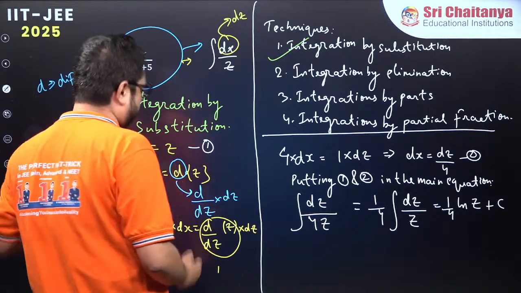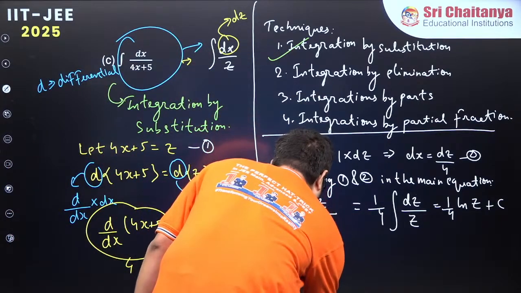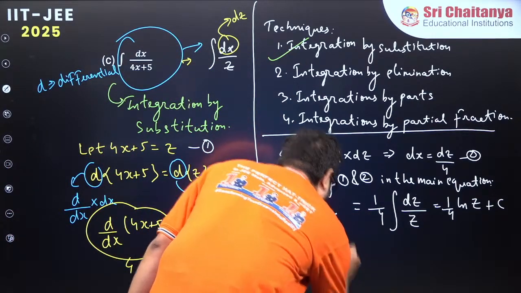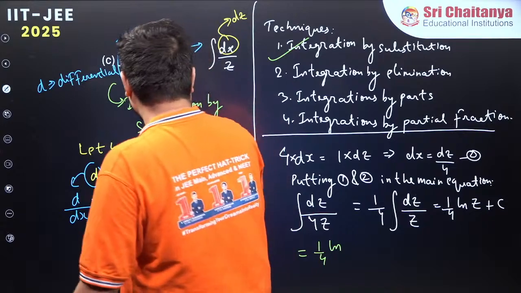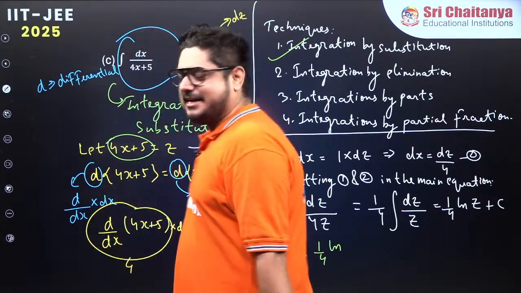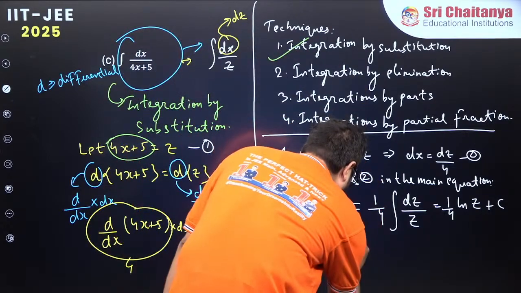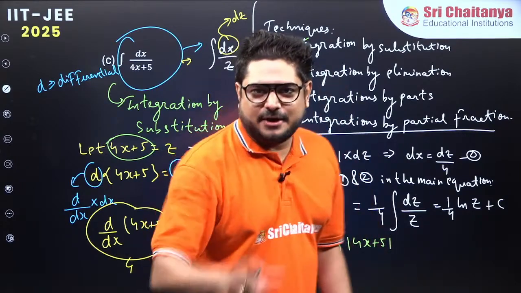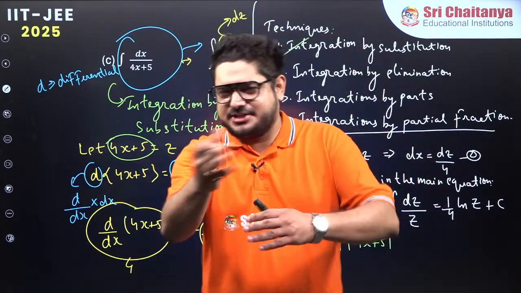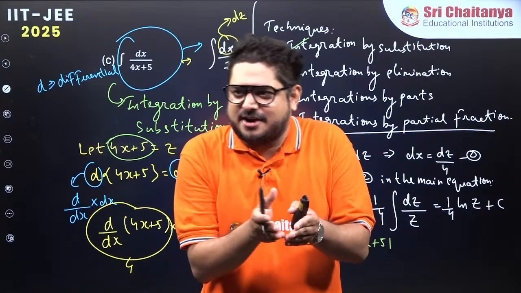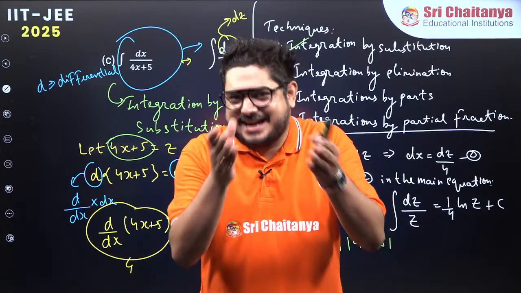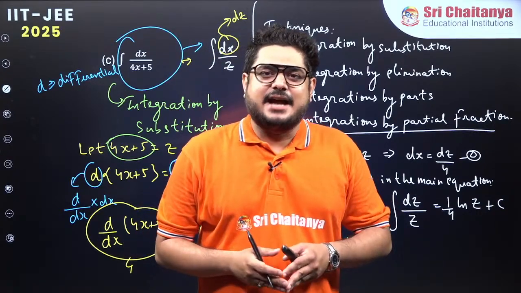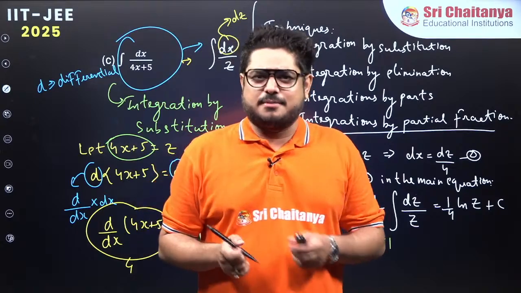The final answer will come out to be 1 by 4. Instead of z, I will put 4x plus 5, isn't it? So it is going to be log mod of 4x plus 5. Why mod? Because ln or log, I will mention it in the upcoming days once I start graphical representation, and I think in maths it's already being taught about graphs, isn't it?